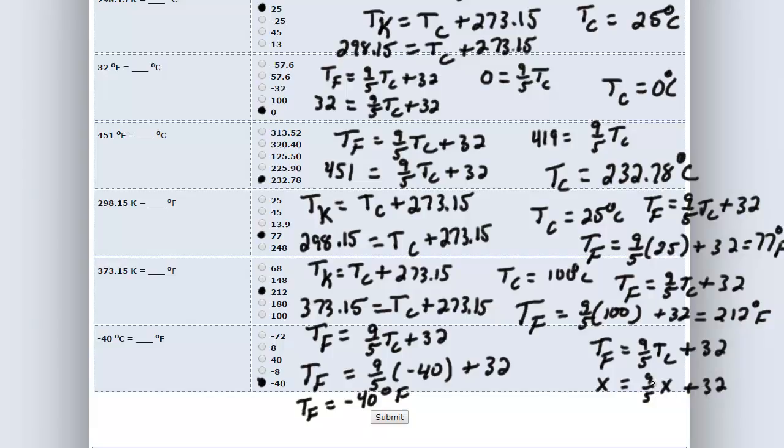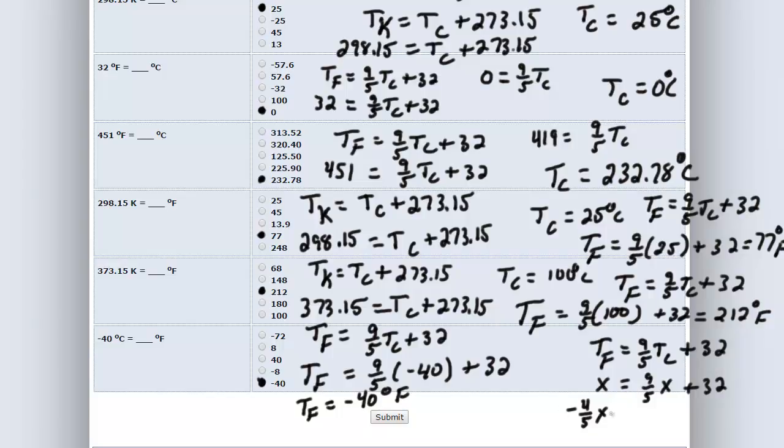In other words, you've got to keep the X's on one side and the constants on the other, and so we're going to get negative 4/5 X because I subtracted 9/5 X on both sides. 9/5 minus 5/5 is 4/5, and this 9 is subtracted, so that's why this is negative.